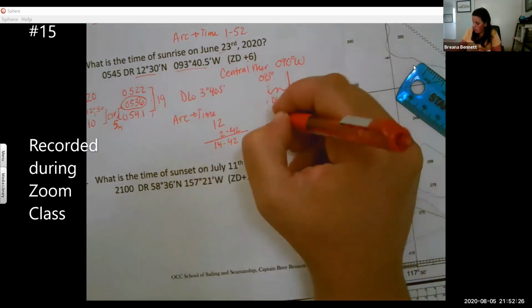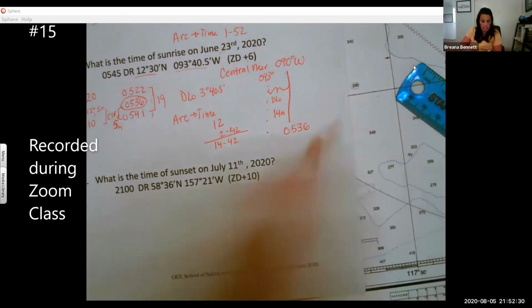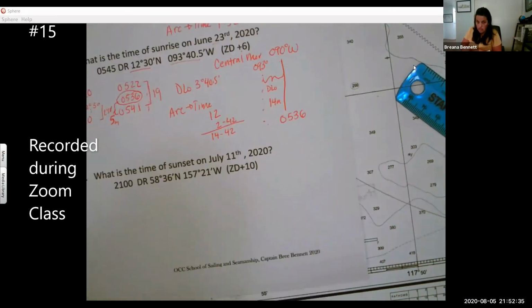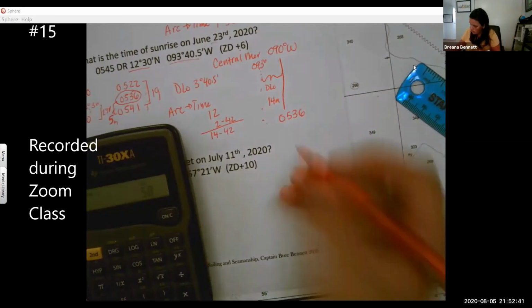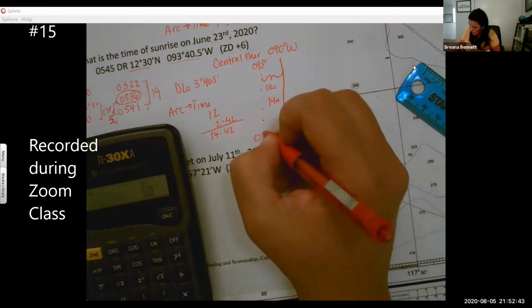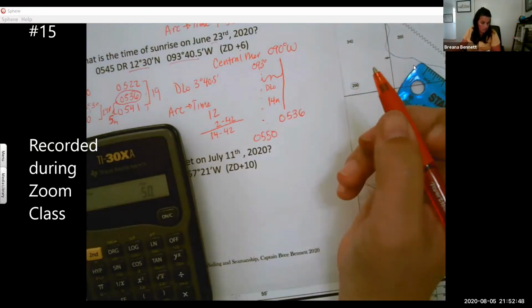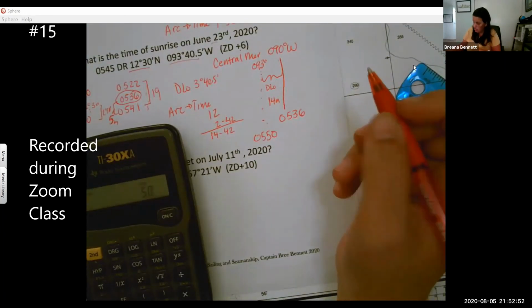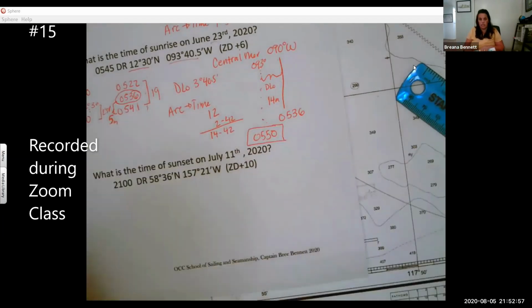So I'm going to go with 14 minutes. So I'm going to be adding that 14. And 36 plus 14 gives me 05:50. That is my sunrise.